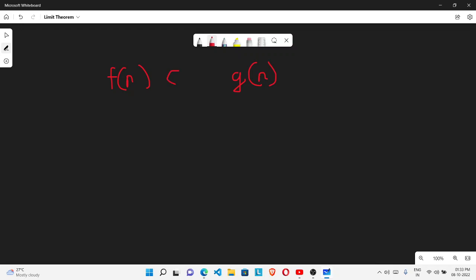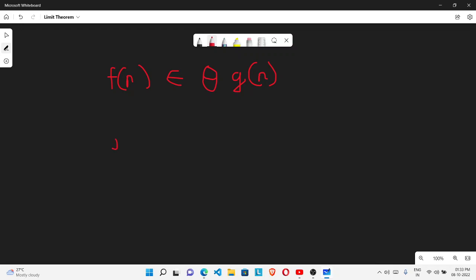Now f of n can be omega of g of n. It can be big O of g of n, or it can be theta of g of n.